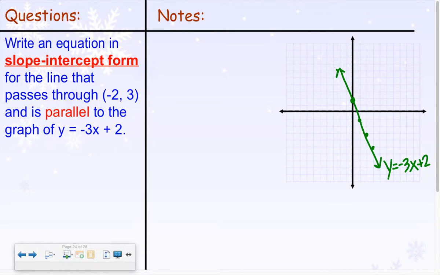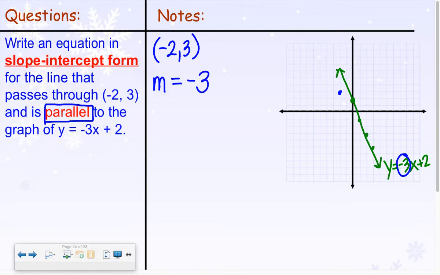The point we're given is negative 2, 3. So we know that our new line has to go through this blue dot, which is negative 2, 3. Well, the other thing my line needs in order to be able to write an equation is a slope. So my slope in my original equation is negative 3, so a line parallel to it is also going to have a slope of negative 3.